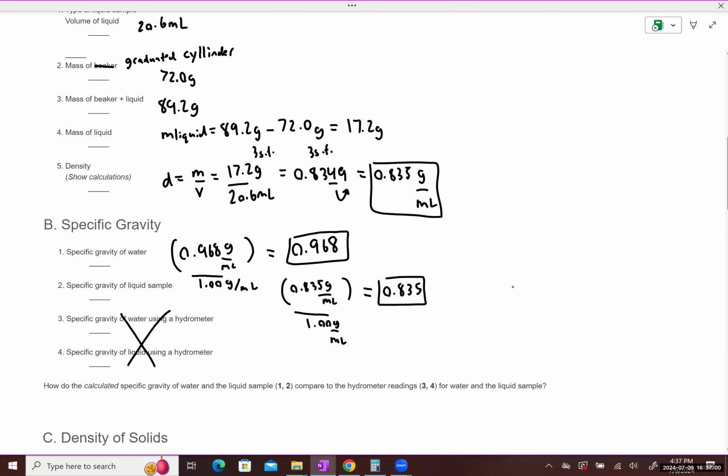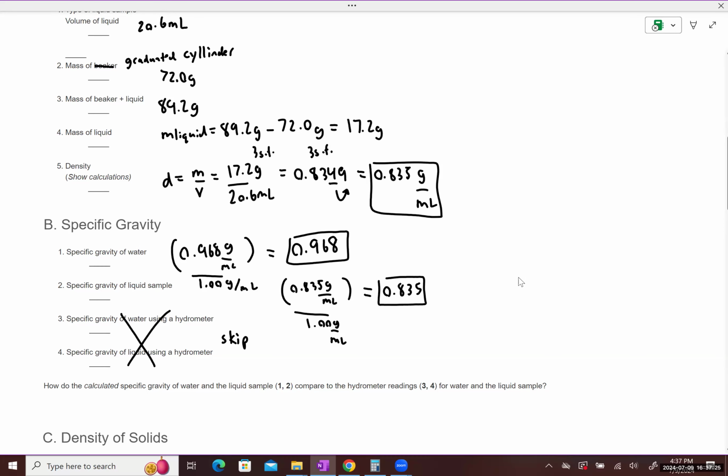We are skipping the hydrometer measurements for this portion of the laboratory. So, key things: specific gravity is unitless, and specific gravity is derived from the density of a given solution, liquid that you've measured.